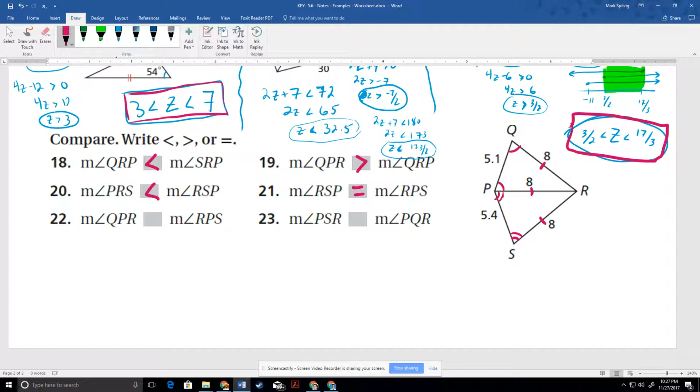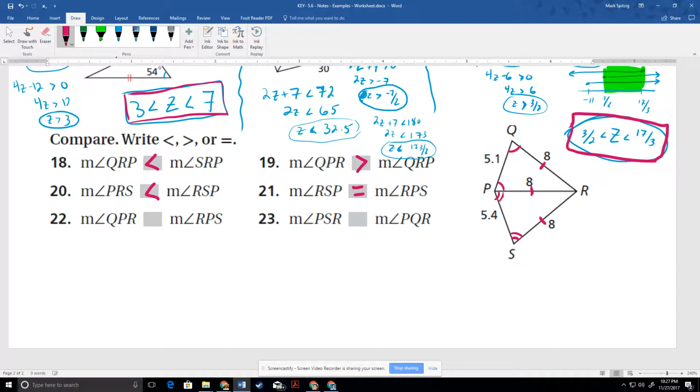Okay. Now, in this case, we're comparing these two angles, so we can't really look at the opposite sides, because they're both opposite 8, right?